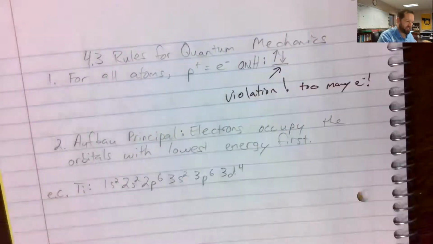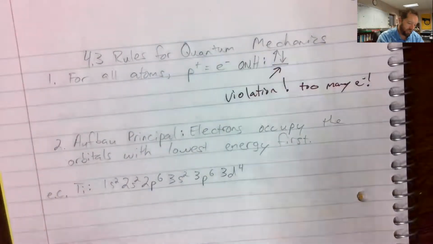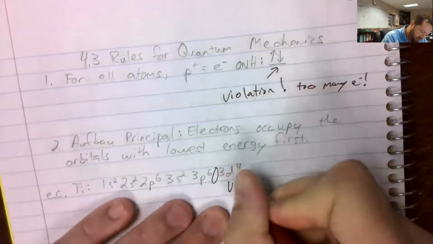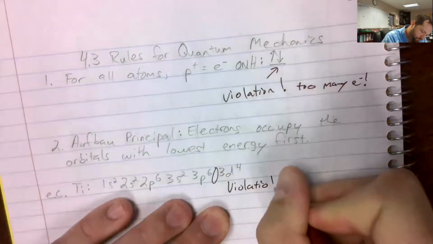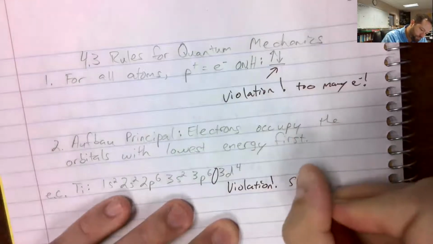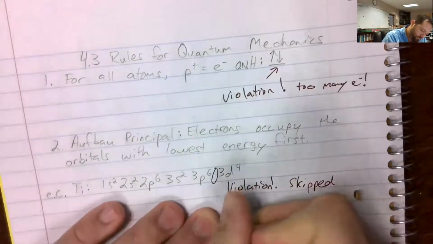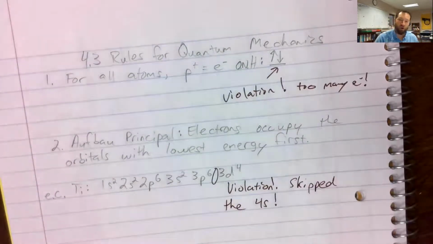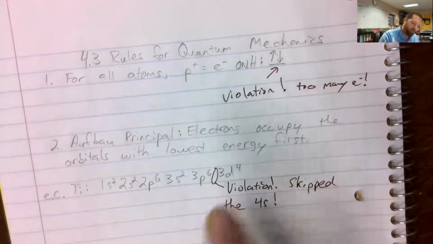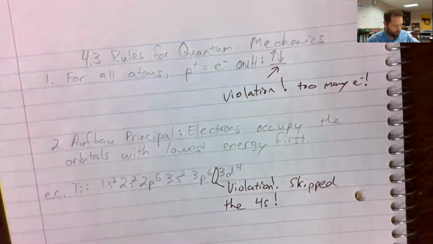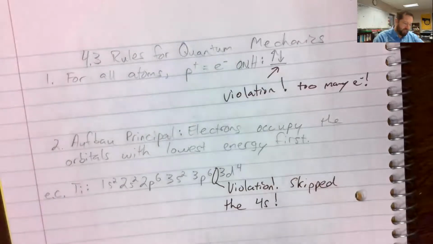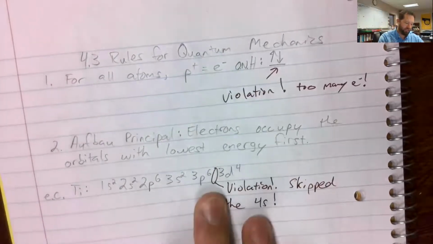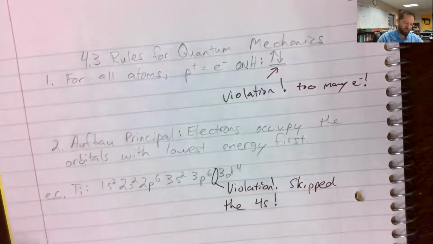And they say, oh, well, 3d is 1, 2, 3, or 4 elements in, but you forgot the 4s. 4s is lower than 3d. So there's our violation. And again, that's a violation of Aufbau because 4s is lower energy than 3d. So it's a classic mistake.